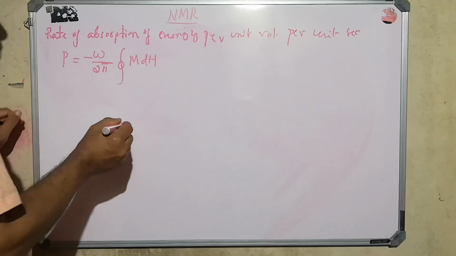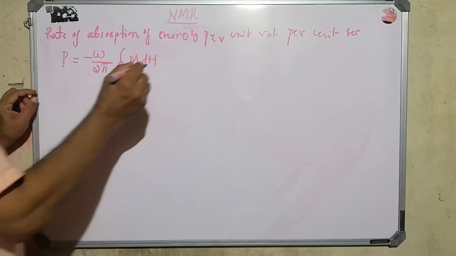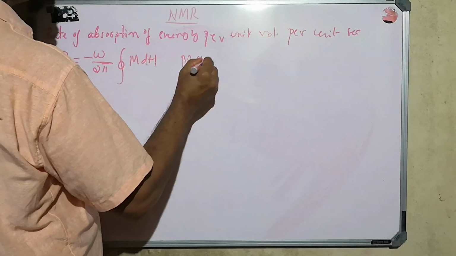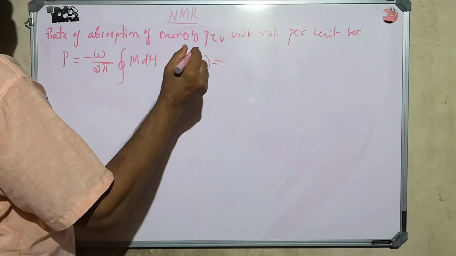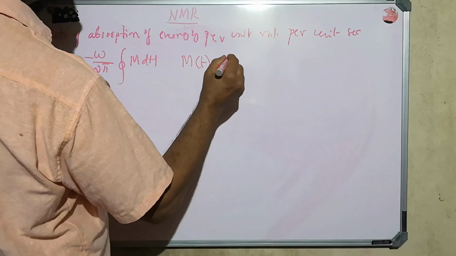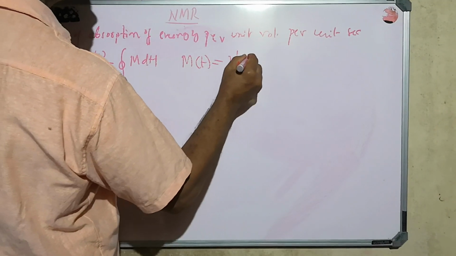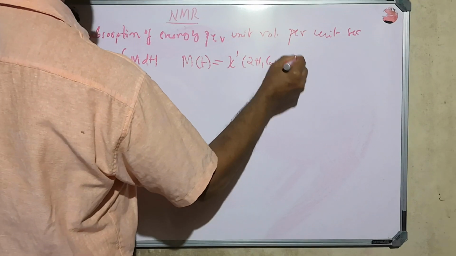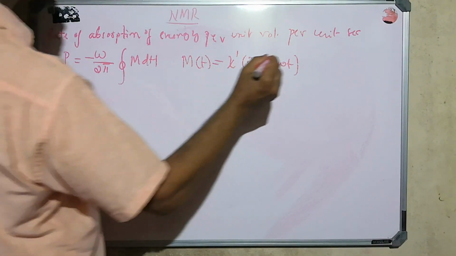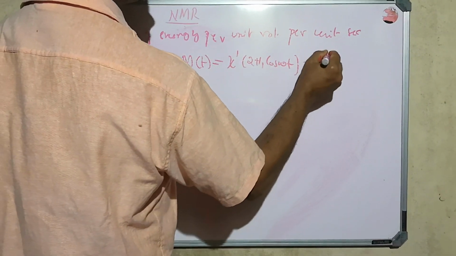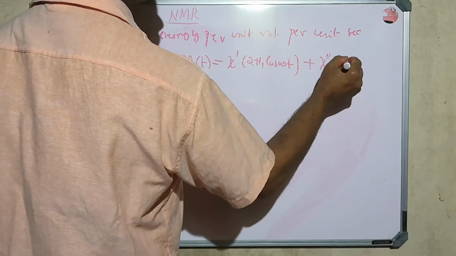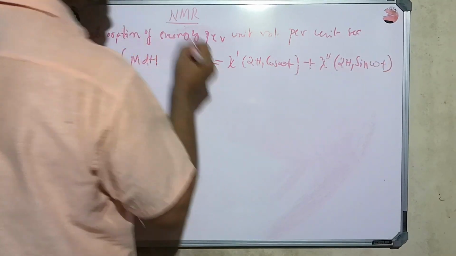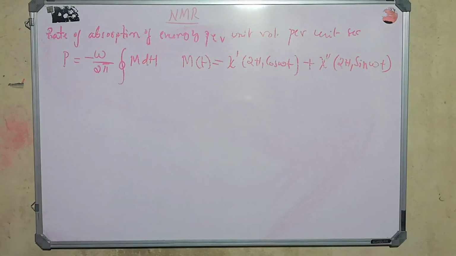Now, as in the Bloch theory, we have defined m of t is equal to chi dash into 2h1 cos omega t plus chi double dash into 2h1 sin omega t. This is the equation I am taking from Bloch theory.